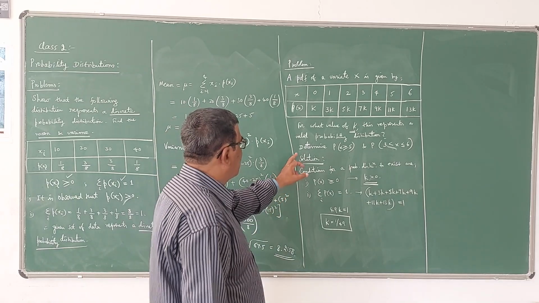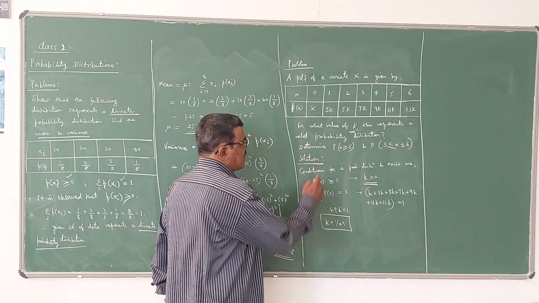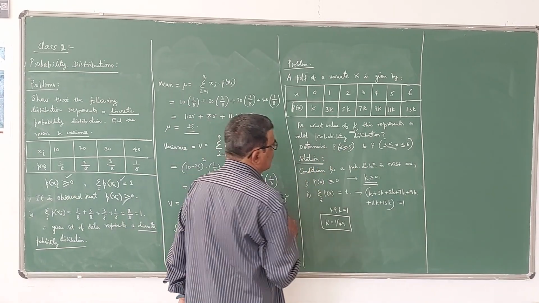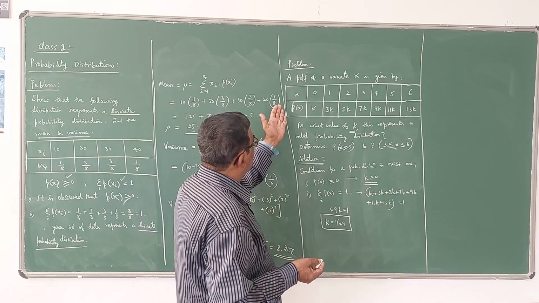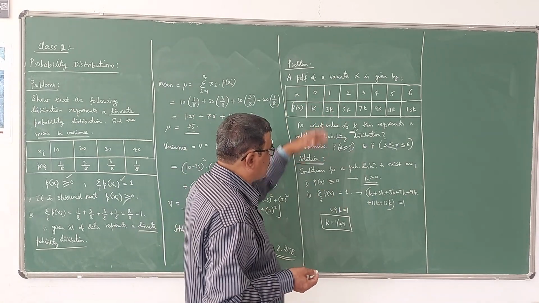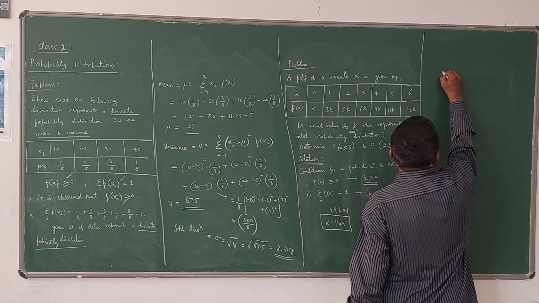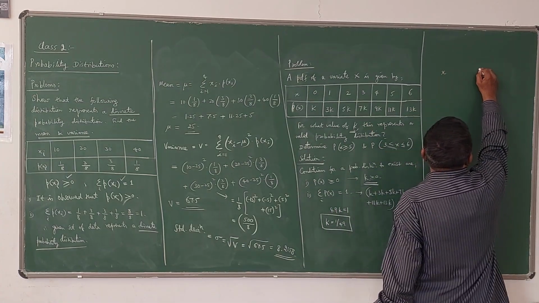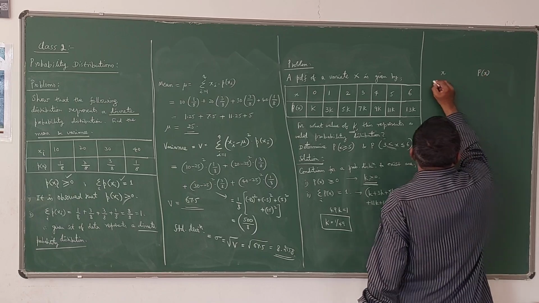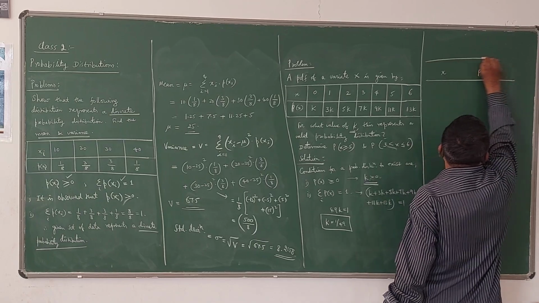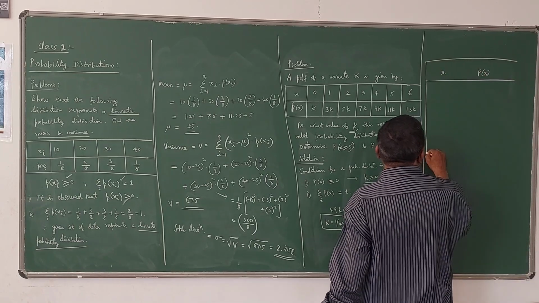Next, we have to determine this. Now here in this case, P of x greater than or equal to 5. Now we will have one more table like this, x and p of x. Now we know the value of k. Once you know the value of k, get these values.